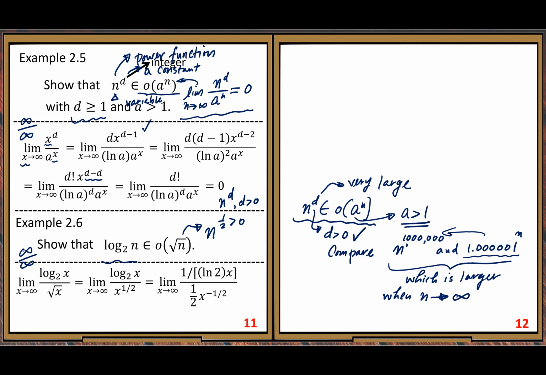After the derivative, the numerator is the reciprocal, but you need to multiply by the natural log of 2. For the denominator, the power function derivative formula, we know it's d times x to the d minus 1.